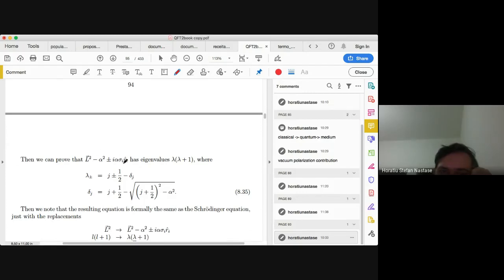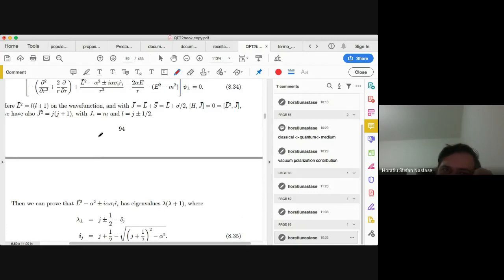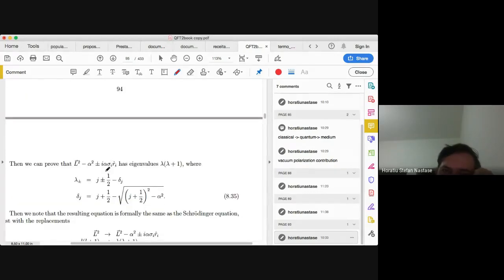So if I consider this combination, and I also remember that J is L plus S, we find that this thing has eigenvalues lambda times lambda plus 1, which is written in terms of just j, the eigenvalue of L plus S. It's written in this way. So it depends also on alpha, obviously. So it depends through this one.